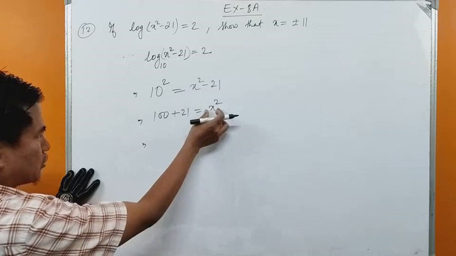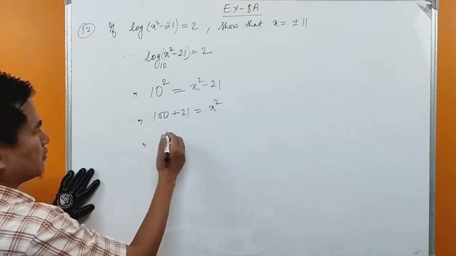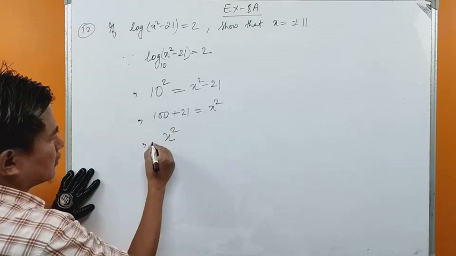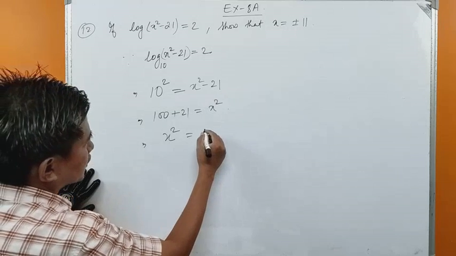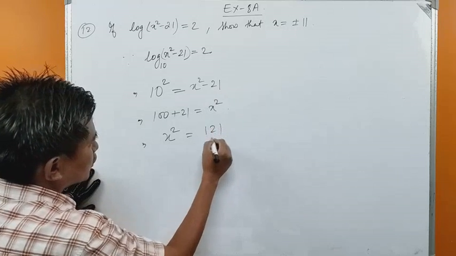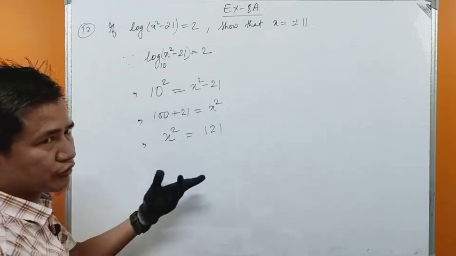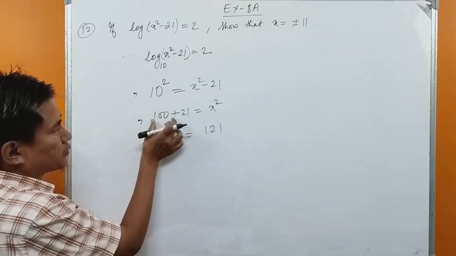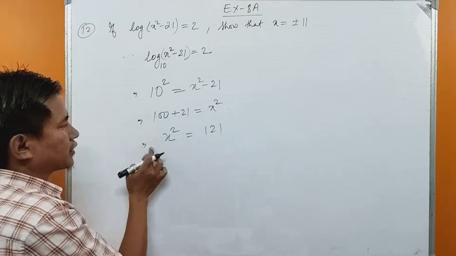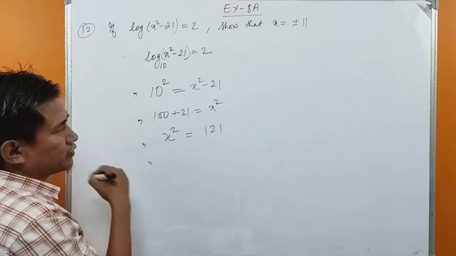Now let us bring this x square to the left hand side, becomes minus x square, isn't it? And this 121 when goes to the right hand side becomes minus 121. So minus and minus cancels, no need to write the sign, isn't it? This becomes minus x square, this becomes minus 121, minus minus cancels, so we don't write the sign.